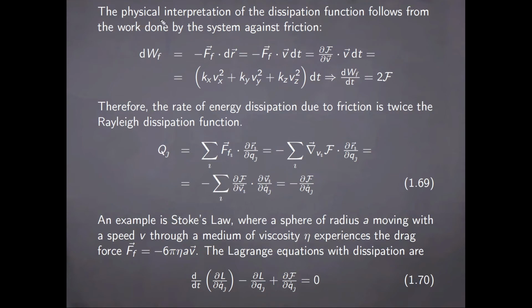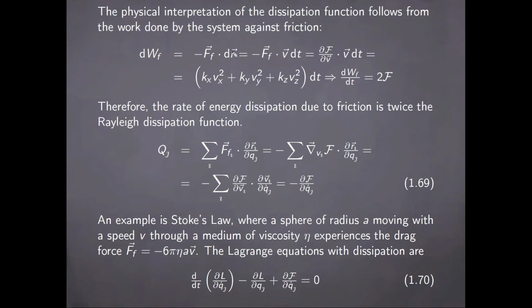To understand the physical interpretation of the dissipation function, we need to look at the work done by the system against friction. So if I take an element of work done against friction, this is just minus the dot product between the frictional force and the line element, which can be written as velocity times a differential element of time.